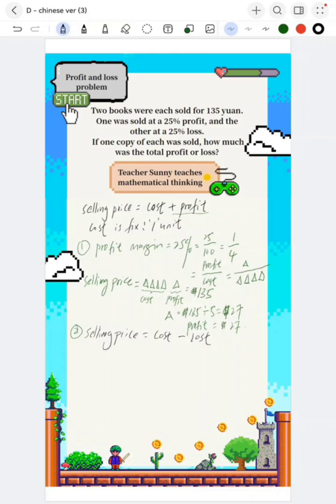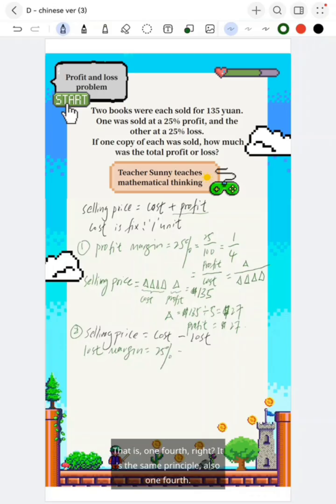It's the same principle. The cost is fixed and unchanged. So the total amount of the loss is also 25%, that is 1/4, right? It's the same principle, also 1/4.